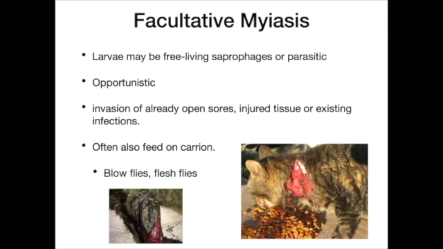Flies see an opportunity and they lay their eggs on it if they can. Again, really rich, dense protein nutrient source. That would cause invasion of sores that are already existing, injured tissue, other infections. They will oftentimes also feed on carrion, and so there are a lot of blowflies and flesh flies that do the same thing.